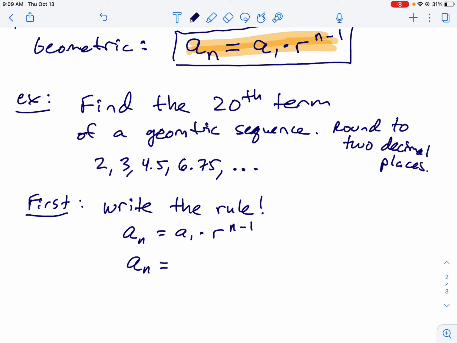So, looking at this sequence, what is A1? First number, or the first term, is 2. Then we got to multiply by the ratio, which they didn't tell you, but you can figure it out. How do I find the ratio in this sequence of numbers? What's one calculation that we could do?